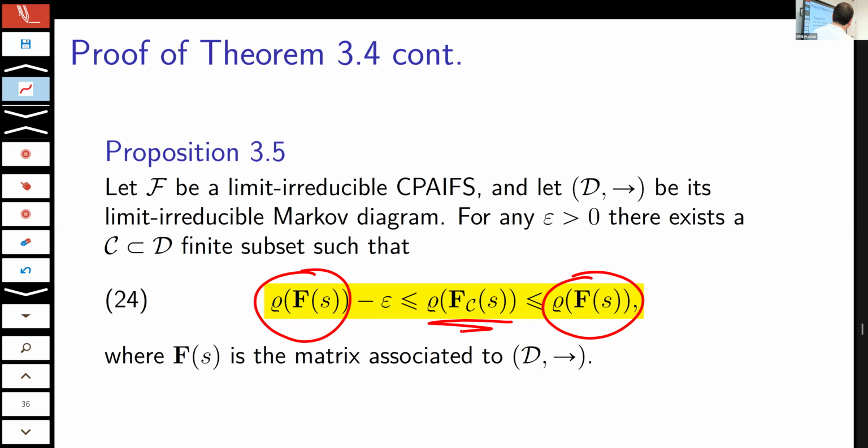For any epsilon, I can find a subsystem whose spectral radius approximates it to within epsilon. That's the main idea of this proposition, which uses linear reducibility.